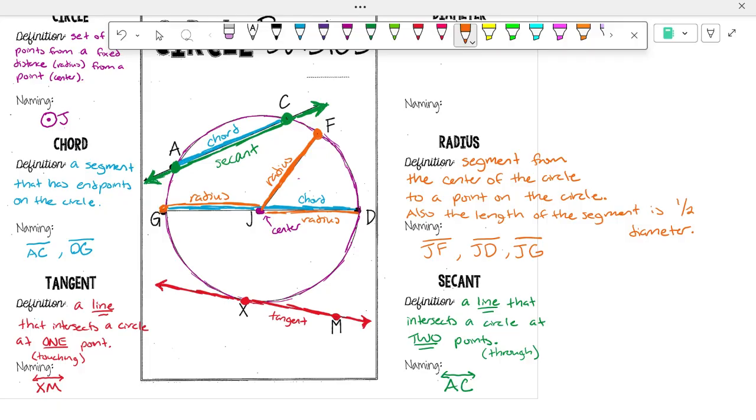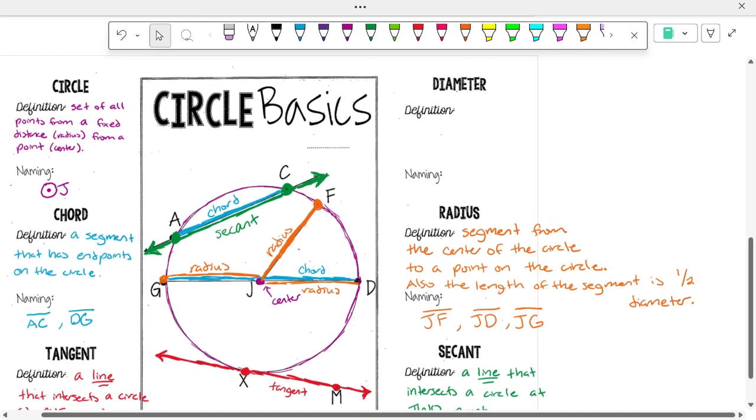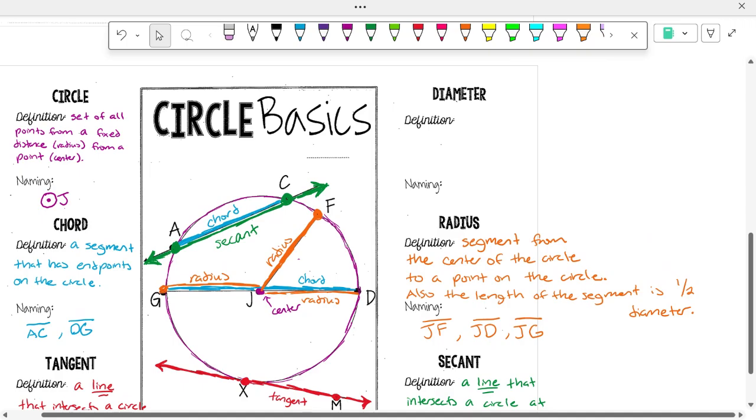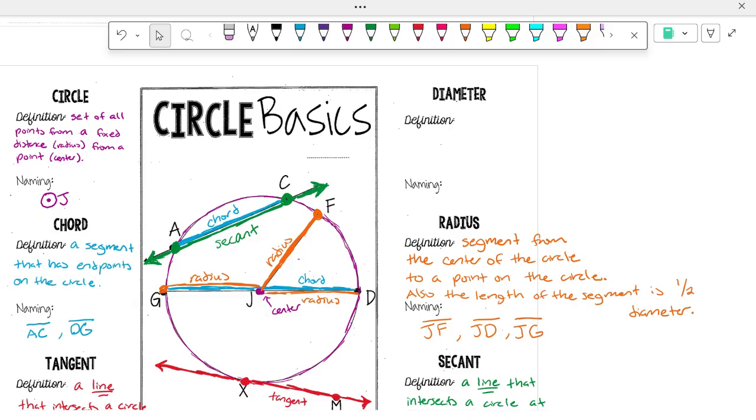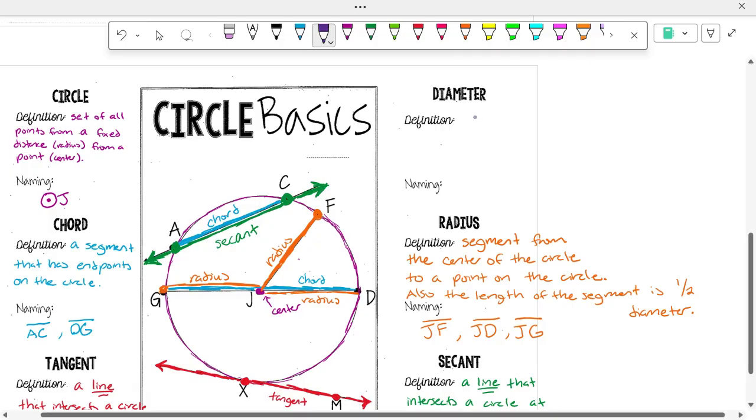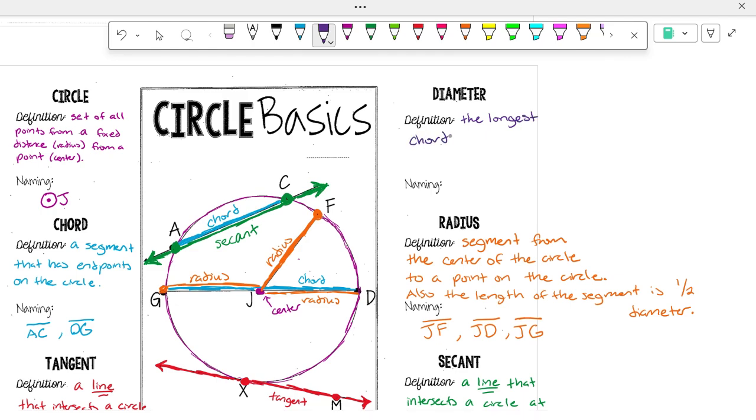And then finally, the last word that we're going to talk about is diameter. So let's see, what color have I not used yet? Let's use dark purple. All right, so the diameter. It is the longest chord of a circle.